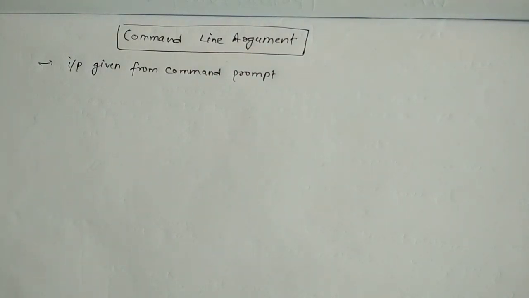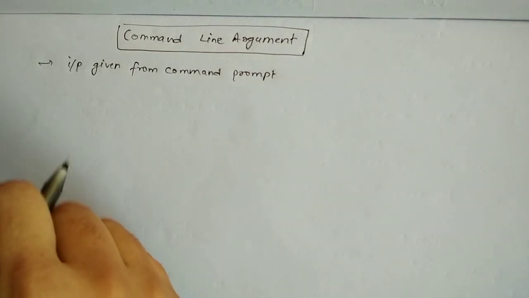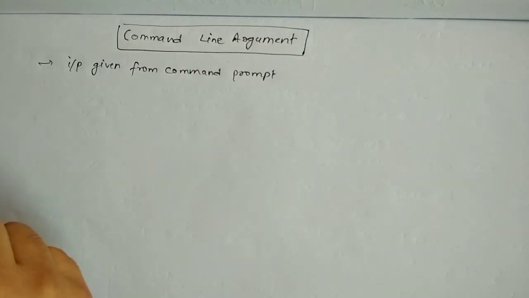What does Java do with this command line argument? The JVM will create an array, and by passing that array as an argument, the JVM will call the main method.